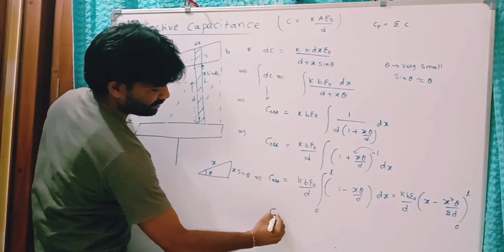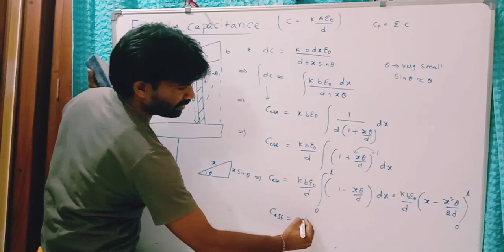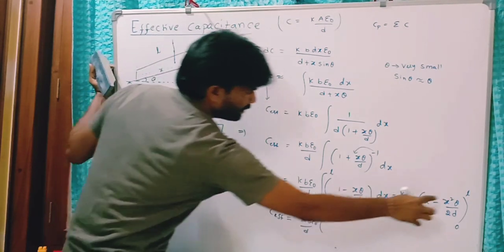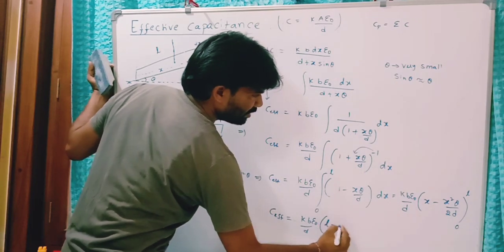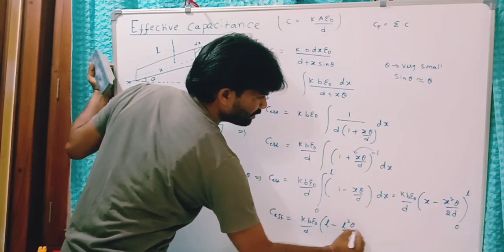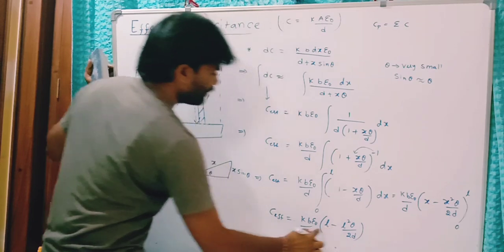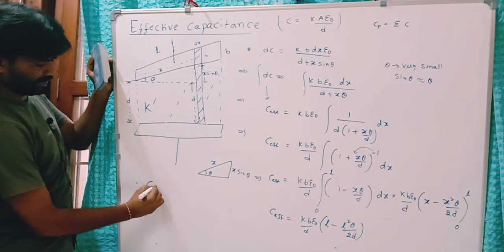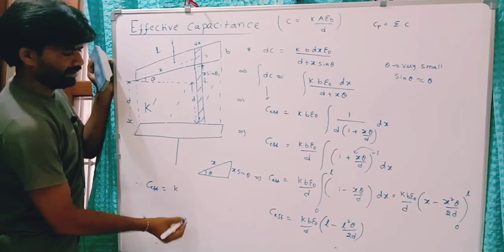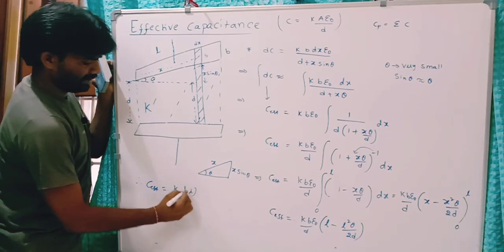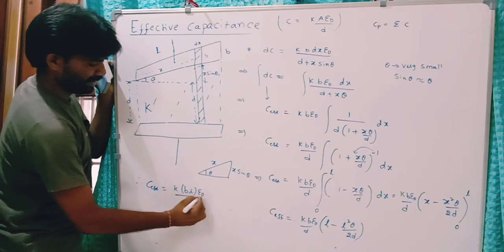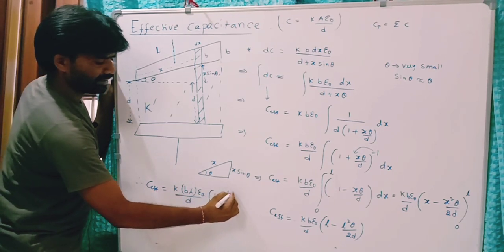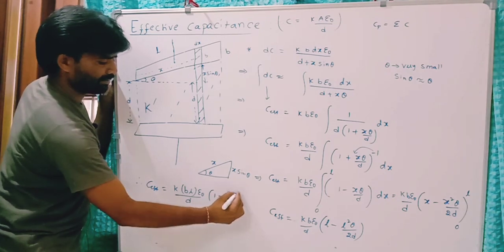Substitute the limits, so the effective capacitance is K b epsilon naught by d, with L and L square theta by 2d. You can take one L common. It gives that the effective capacitance is K b L into epsilon naught by d, times 1 minus L theta by 2d.